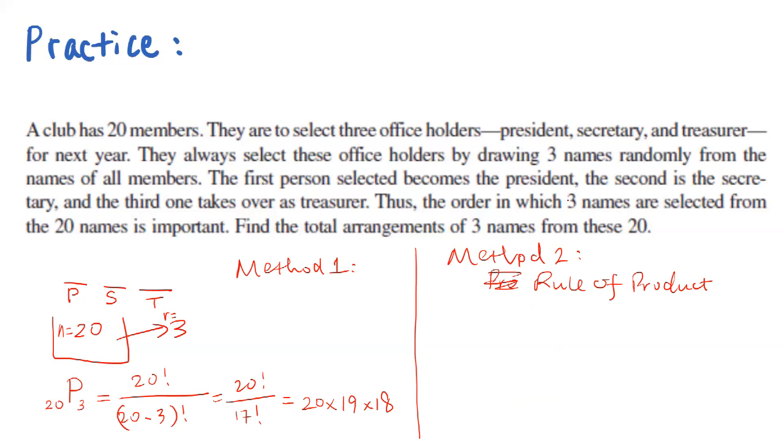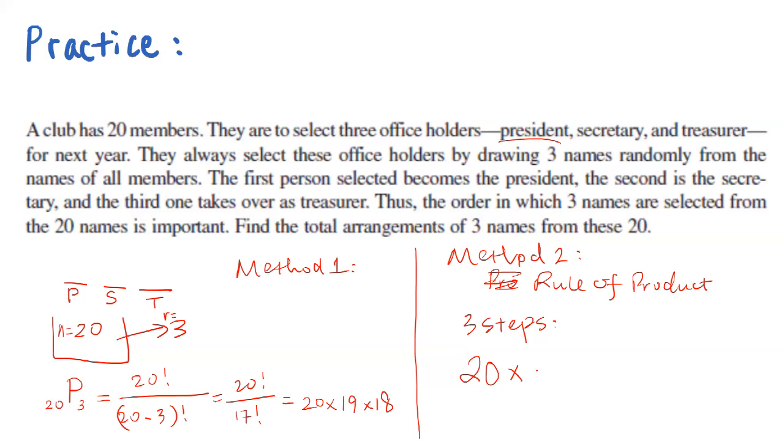To finish the whole task, the task consists of 3 steps, right? The first step is to choose a name and let this person be the president, right? So how many ways can you do this? We can choose 1 name out of the 20. So that means for the first step, you have 20 different ways to finish.